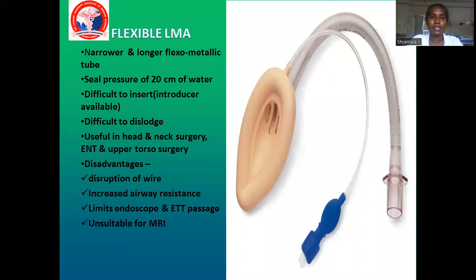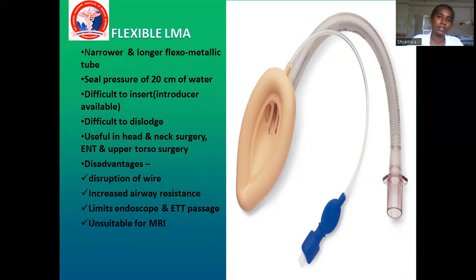Then this is the flexible LMA. Same as the classic LMA, it is flexible. You can fold it so that the tube won't get kinked. It has a narrow and longer flexometallic tube. Sealing pressure is 20 centimeters of water. Difficult to insert because it needs an introducer, as it is flexible.